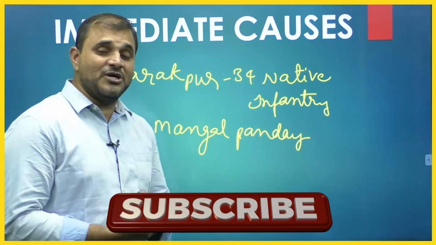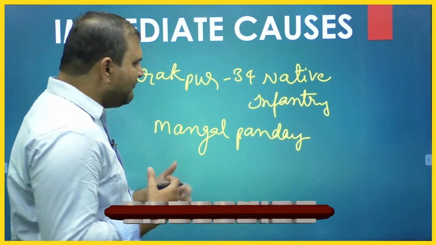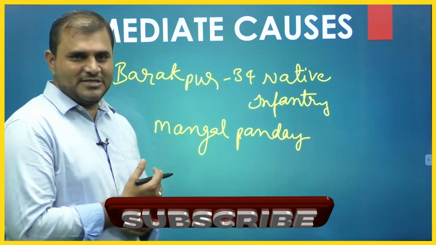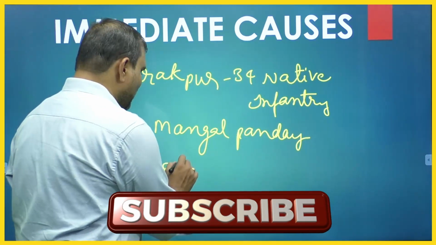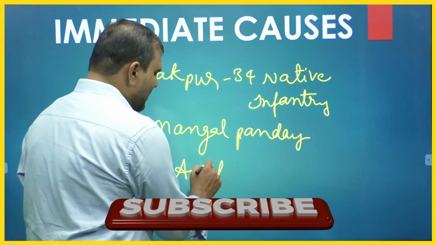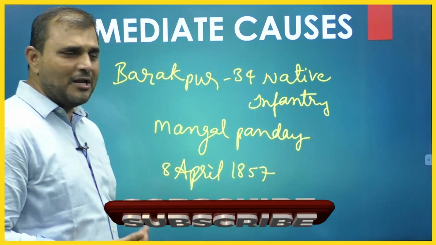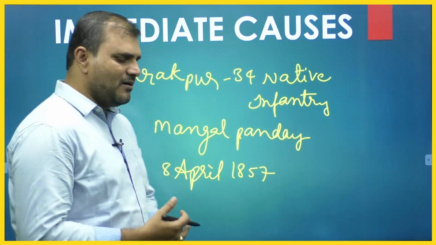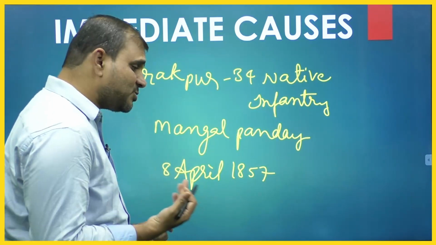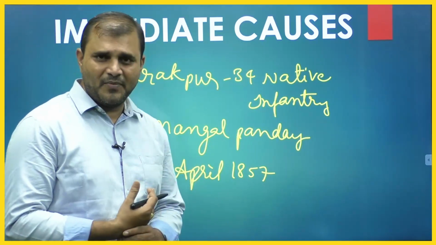His higher officer created pressure on Mangal Pandey, so he used the Enfield rifle and killed his own officer. On 8th April 1857, Mangal Pandey was hanged. This was the immediate cause: the introduction of the Enfield rifle was the immediate cause of the 1857 revolt.